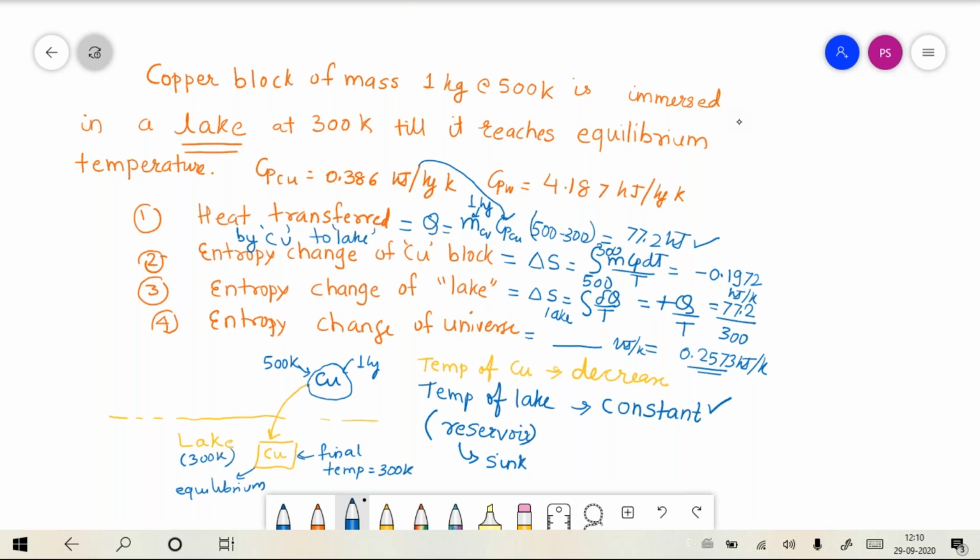Why has the entropy of the universe increased in this interaction? Any answers? The answer is that the entropy of the universe has increased because of irreversible heat transfer.